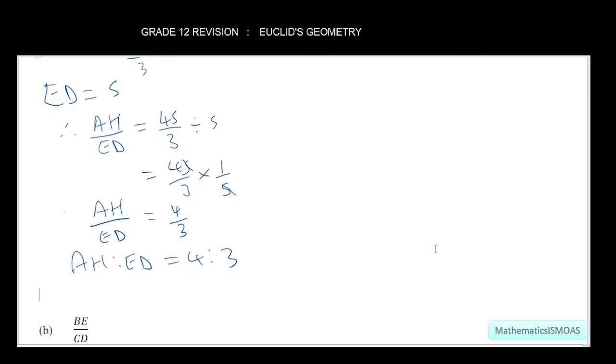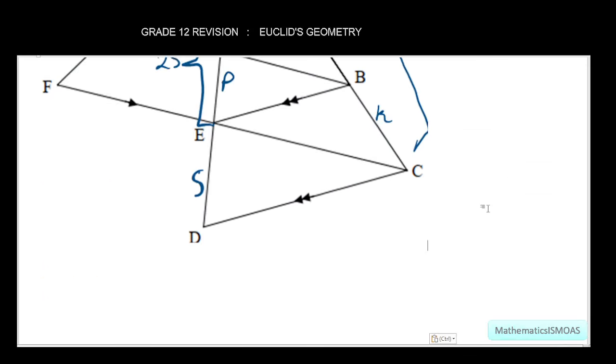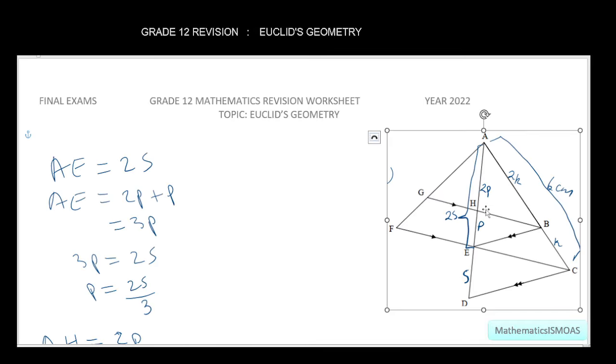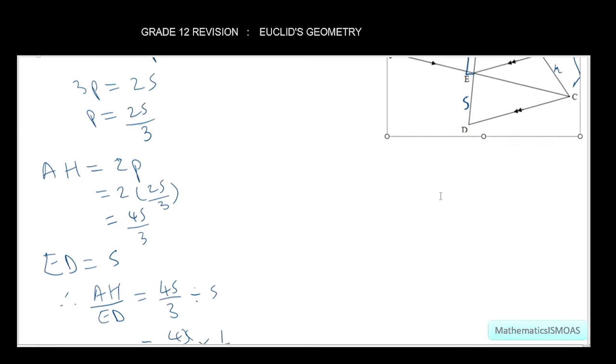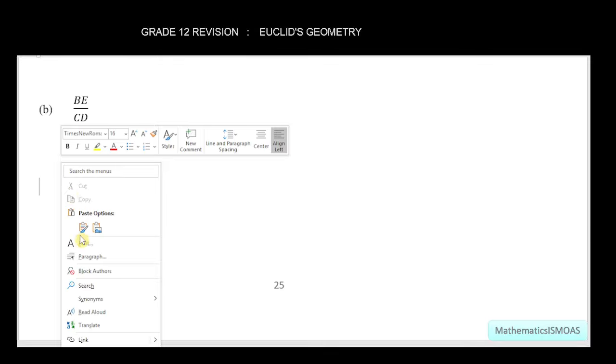All right. Then B says write down the ratio BE to CD. Let's bring our diagram down here.